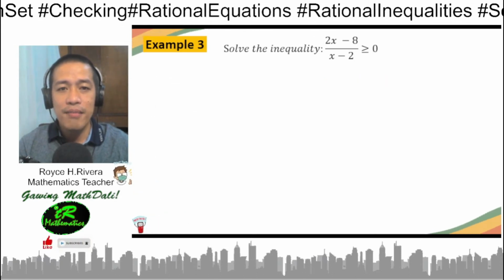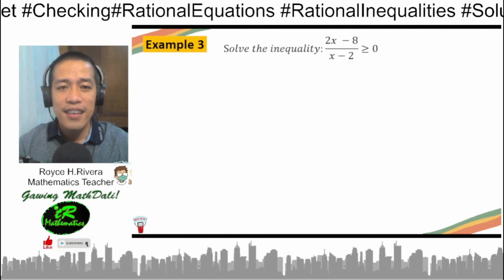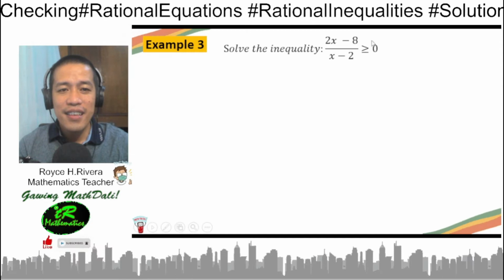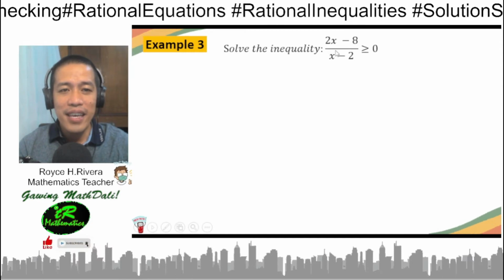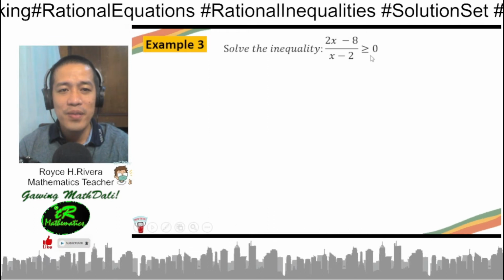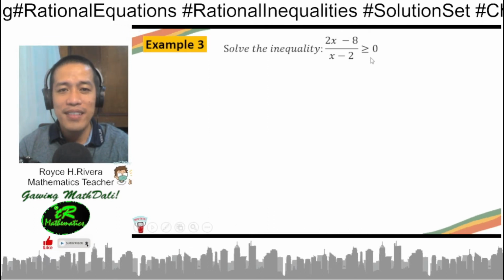Ngayon ay example 3 na tayo. Solve the inequality. The given inequality 2x minus 8 all over x minus 2 greater than or equal to 0.